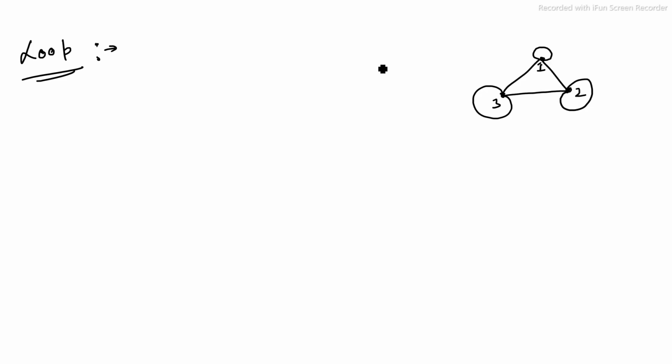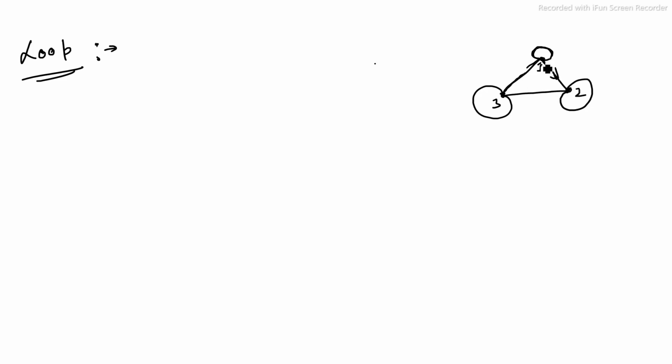Loop means the starting and ending vertex are the same. Here, if we start this edge, it starts from 1 and also ends at 1. But in this edge, the starting vertex is 3 and the ending vertex is 1. And if we start from here, the starting vertex is 1 and the ending vertex is 2.